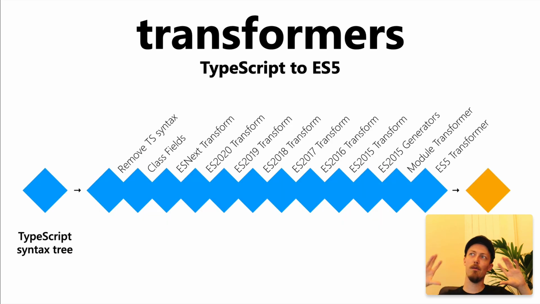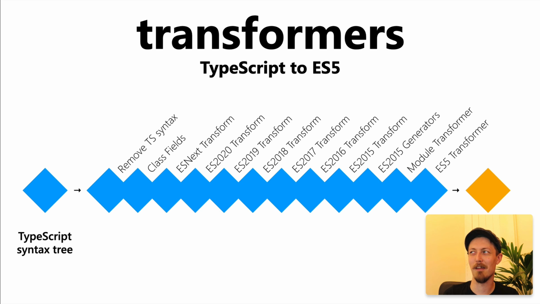And so TypeScript has quite a few transformers, and all of these transformers work on a syntax tree. So there's remove TS syntax, class fields, and then it goes through all of the different ECMAScript versions, and then a module transformer that handles whether you're doing requires, UMD, AMD, things like that.